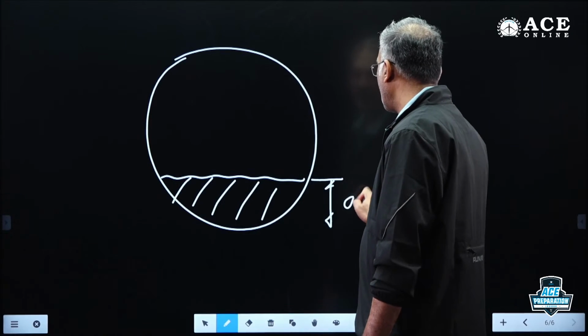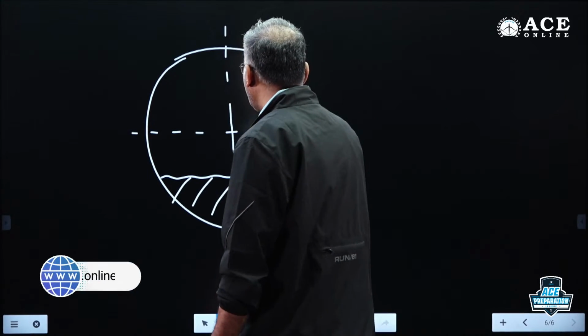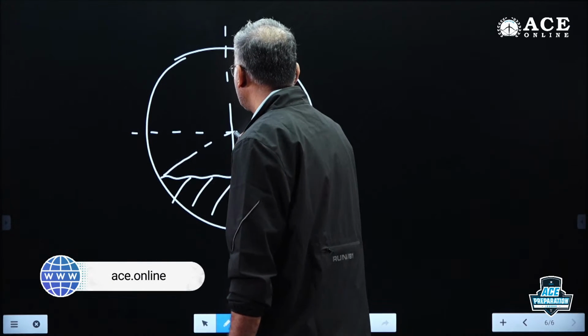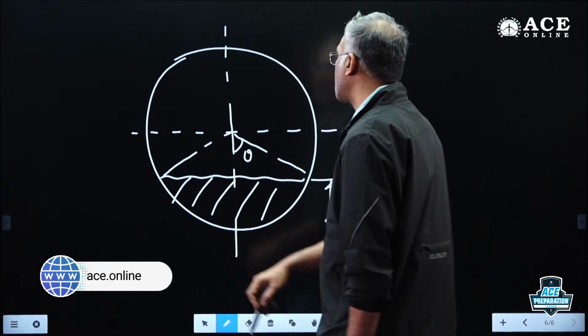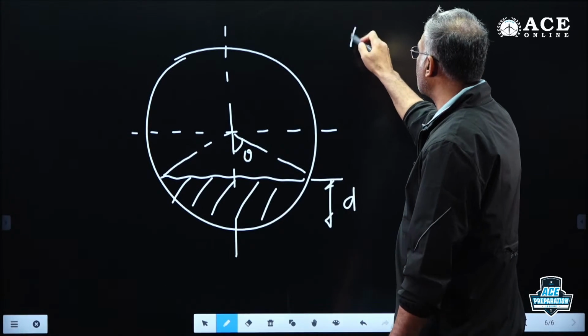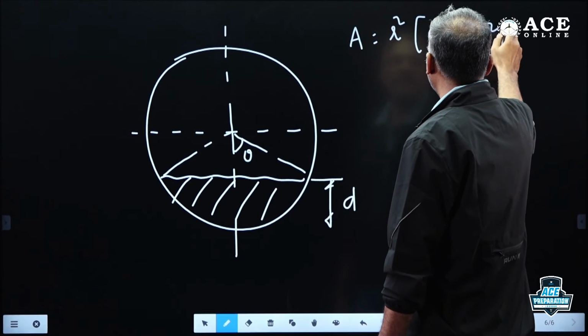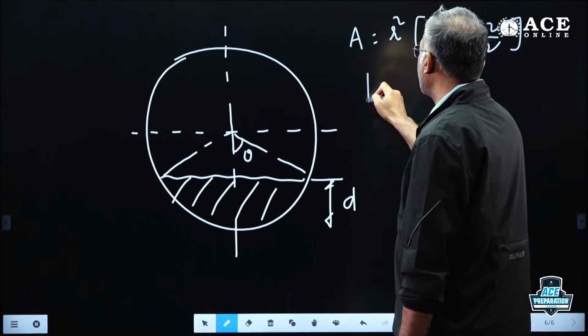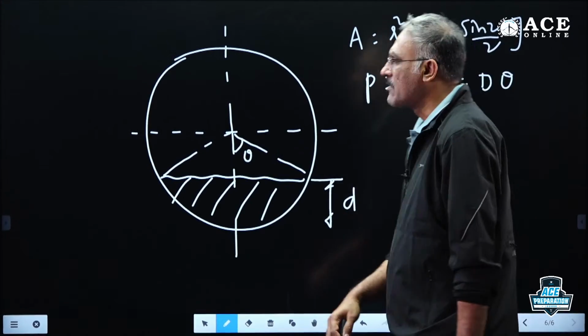What we do is try to find the angle subtended by the free liquid surface at center O. From there we work out the wetted area and wetted perimeter. This angle is taken as theta, and the total is 2 theta. So wetted area is equal to r square into theta minus sine 2 theta by 2. Wetted perimeter is equal to 2r theta, or D into theta. Using this procedure we work it out.